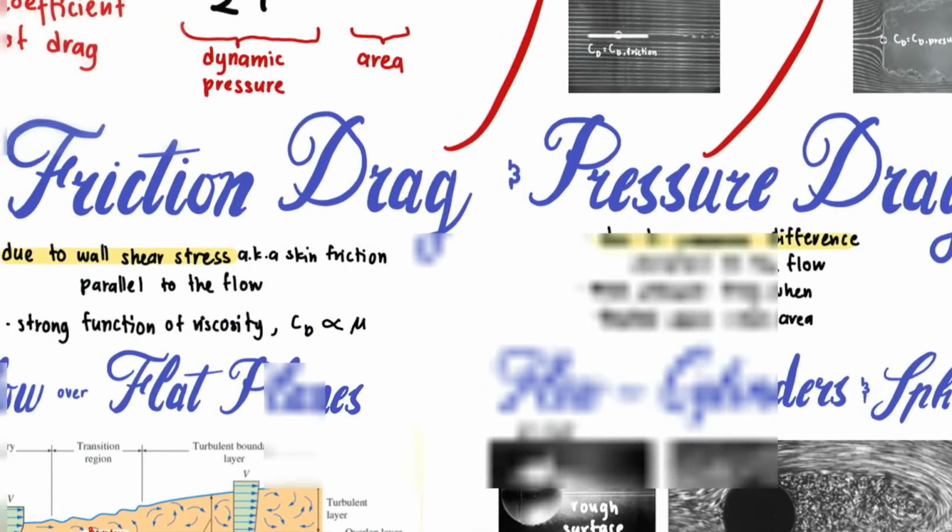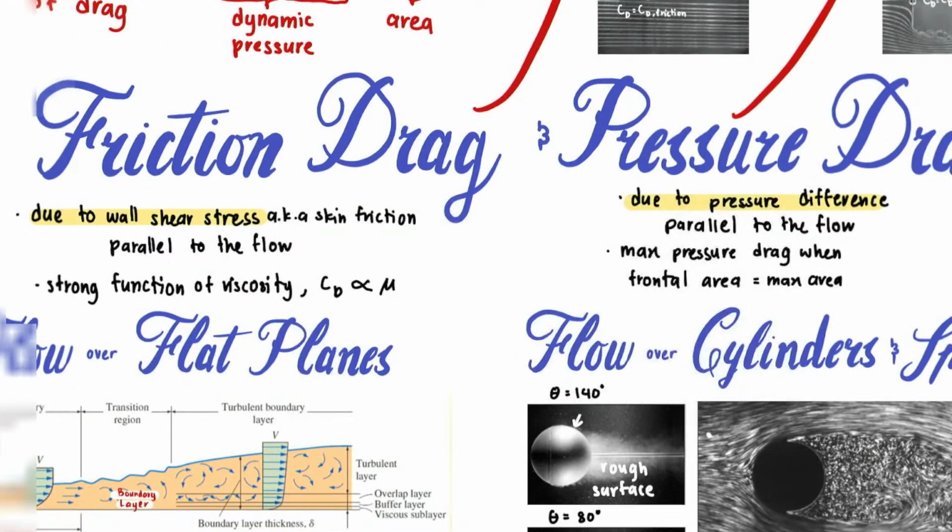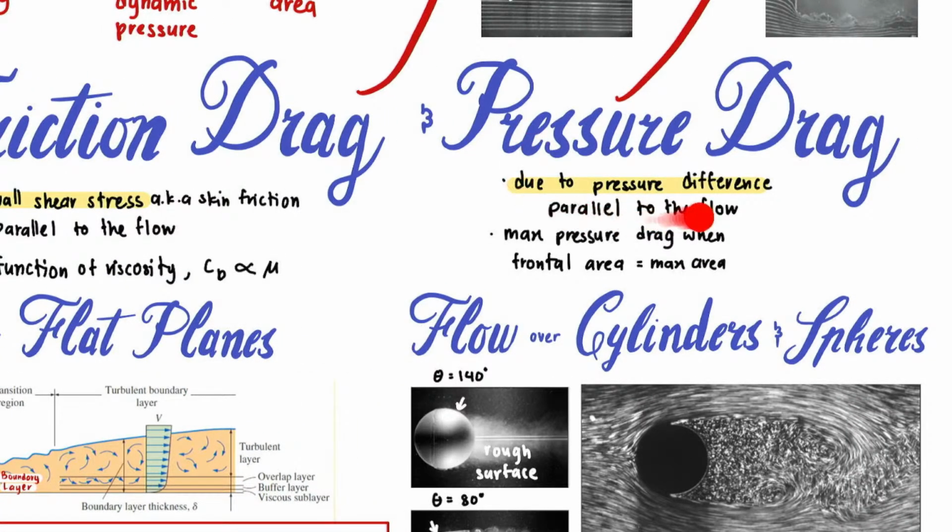Why is it like that? This is friction drag. Friction drag is due to the wall shear stress, aka skin friction, parallel to the flow, and it is a strong function of viscosity, because shear stress is viscosity. Pressure drag is due to the pressure difference parallel to the flow.